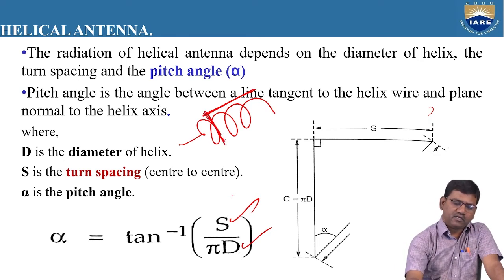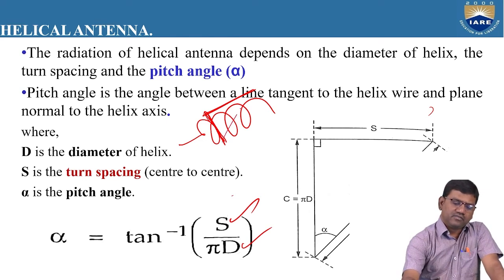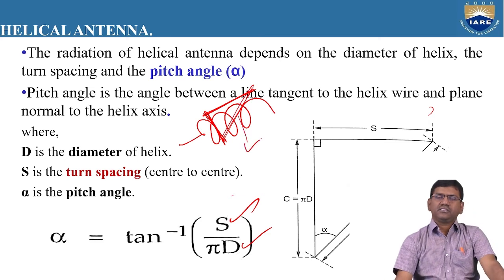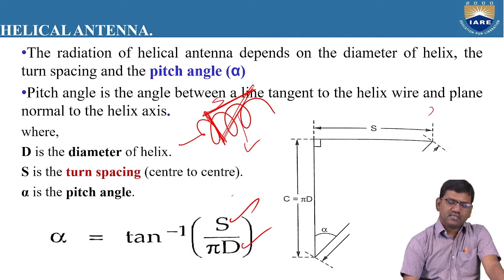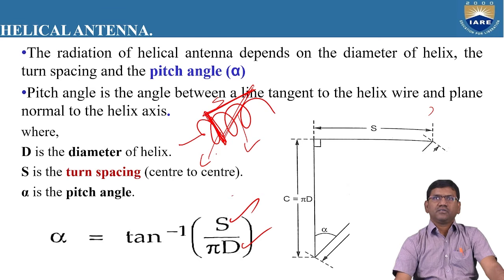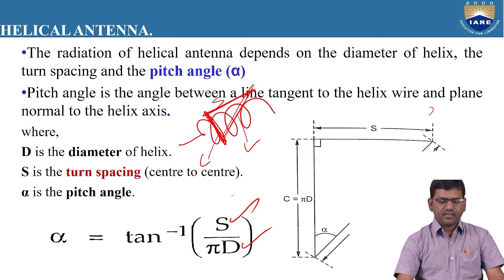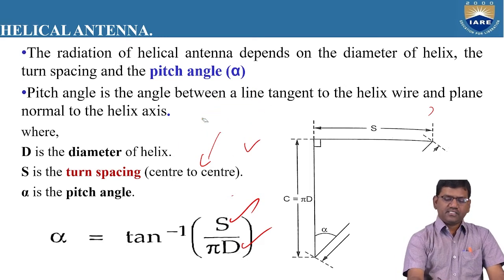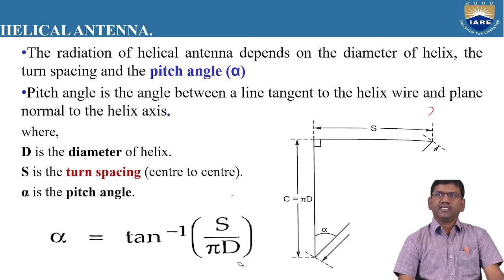If you join these two lines, this is known as L, the length of one turn, and this is represented as S, and this is the circumference C is equal to pi d. So alpha is equal to tan inverse of S by pi d. From this basic structure we have drawn the diagram with C equal to pi d, S and L.